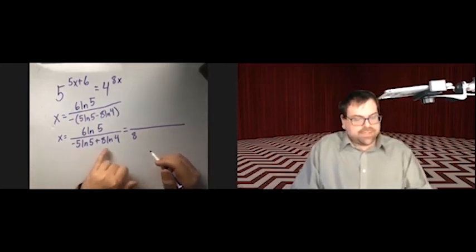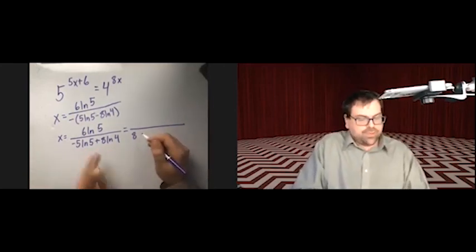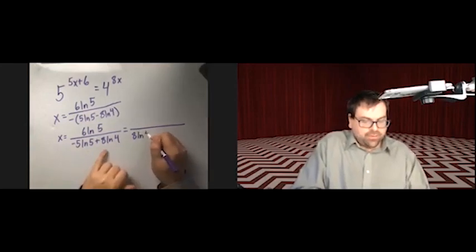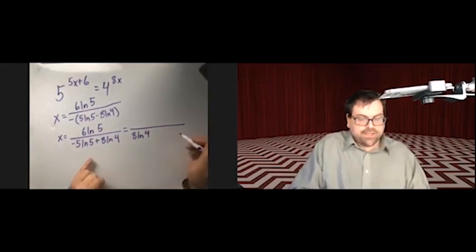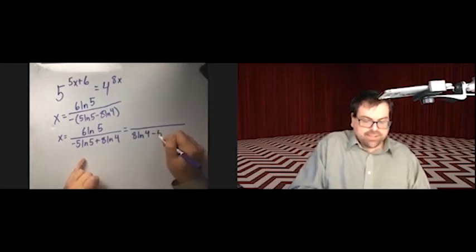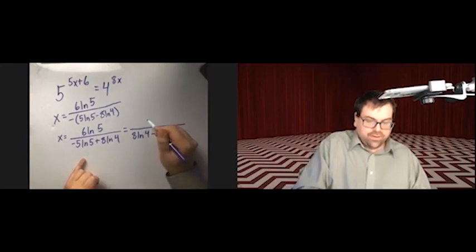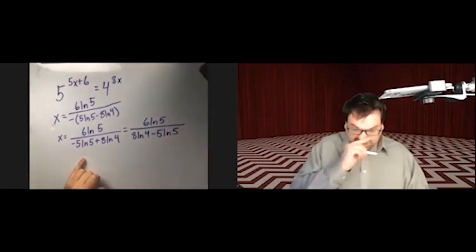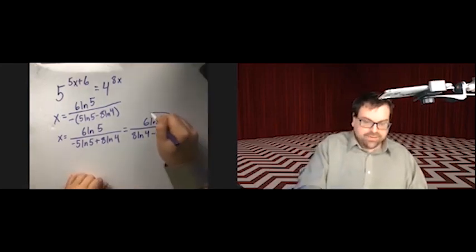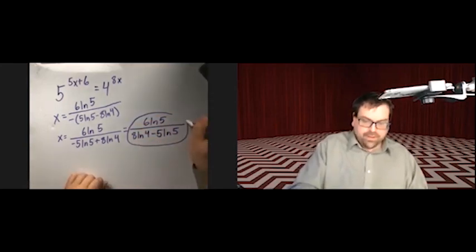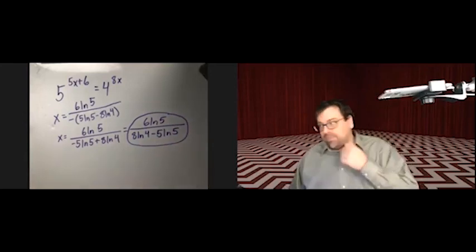Since it's negative plus this, we can switch the order of addition so that it's 8 natural log of 4 plus a negative, which is just minus 5 natural log of 5. We don't like starting with our negatives. And that is the final form.